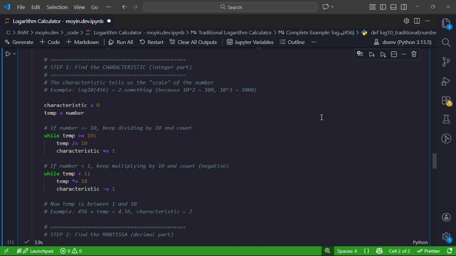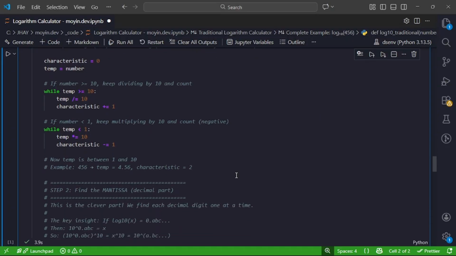So numbers less than 1 are simply in the inverse. And that's because what you have is 10 raised to the power of -1 or 10 raised to the power of -2. That's simply what you would see. So for the characteristic of 0.5, for example, the characteristic will be -1. That's because you have to multiply by 10 once to get beyond 1. So that is the pattern to get it.